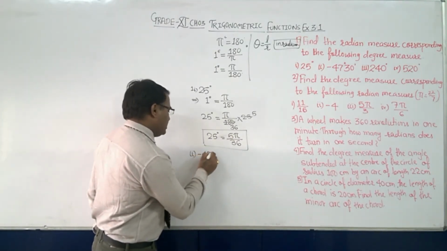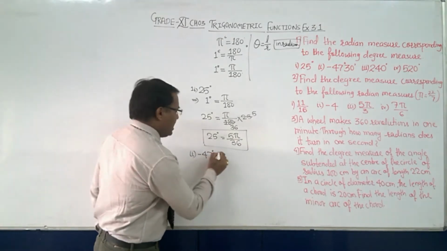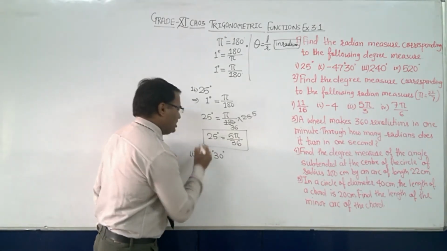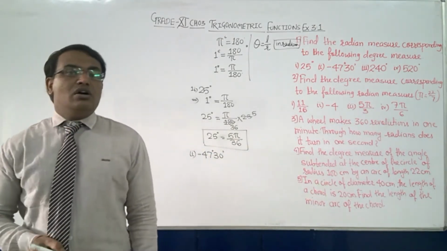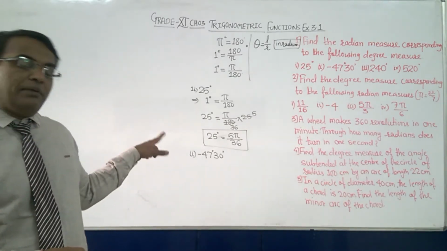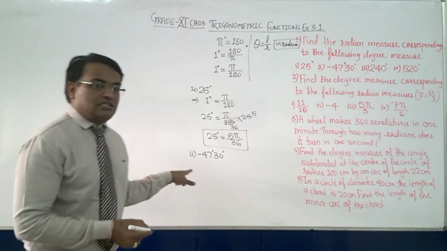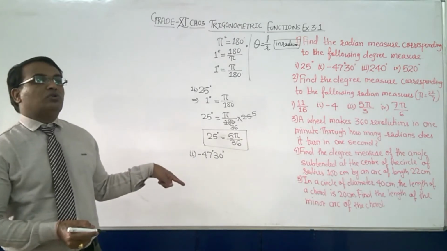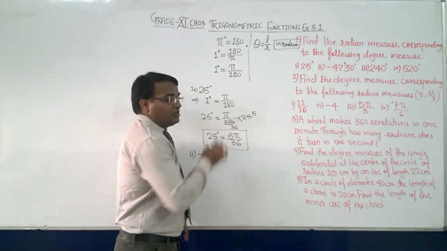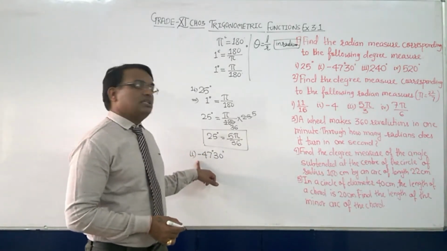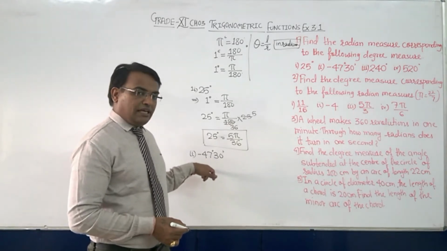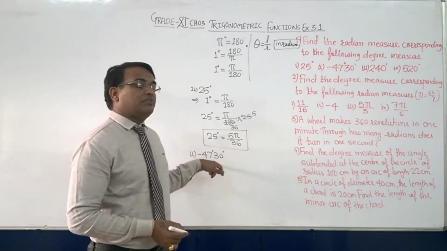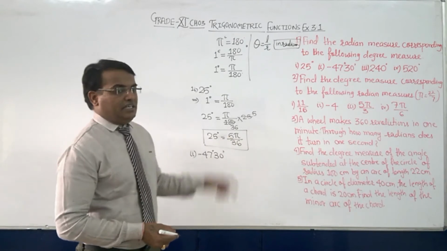Second is minus 47 degrees and 30 minutes. Now, first of all, this we have to convert completely into degrees. After that, we will be converting it into radians.